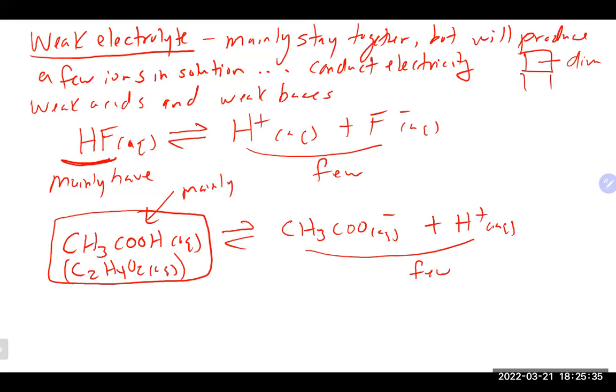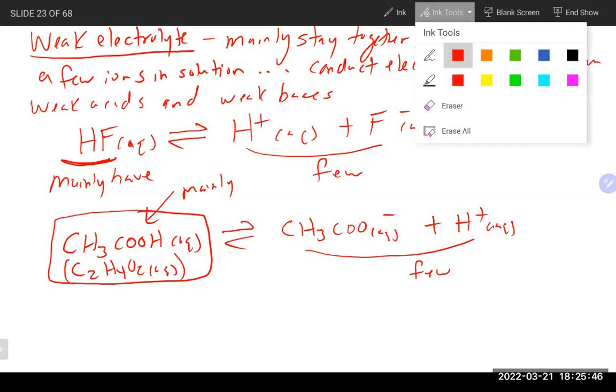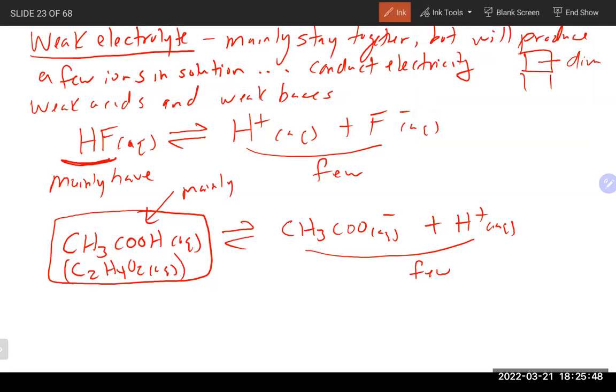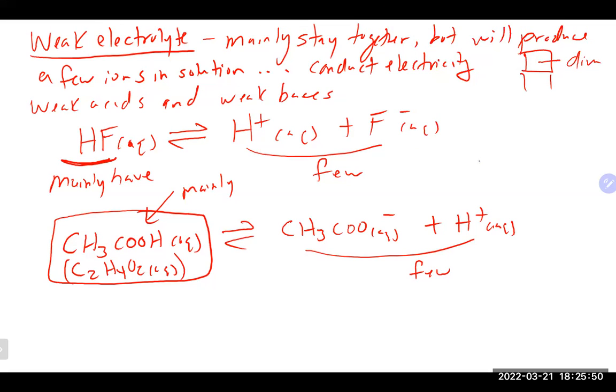So how do you tell the difference if you're given an equation, for example, and it's a weak electrolyte versus a strong electrolyte? Well, if it's ionic, it's probably strong. But here's a couple of things that will definitely point it out to you if you are not looking at an observation. You've got one thing on the left, you've got ions on the right, and you may be saying that sounds very much like what we just talked about with the strong electrolyte.